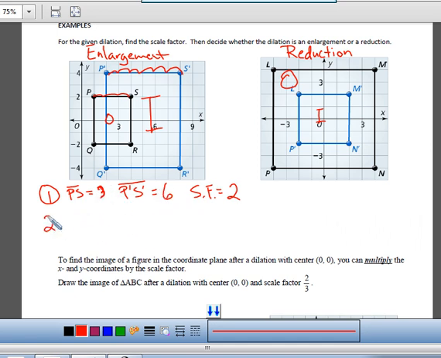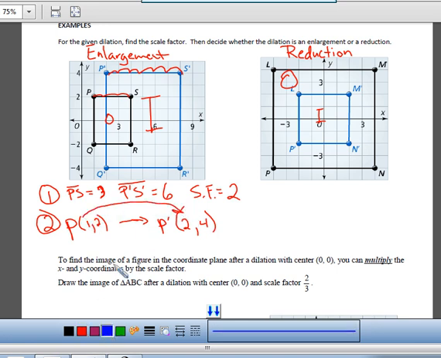The other strategy for doing this is, look at the point P, and the coordinates for P are 1, 2. What do I do to that to get P prime, which is 2, 4? Now, look what happens with the x values.